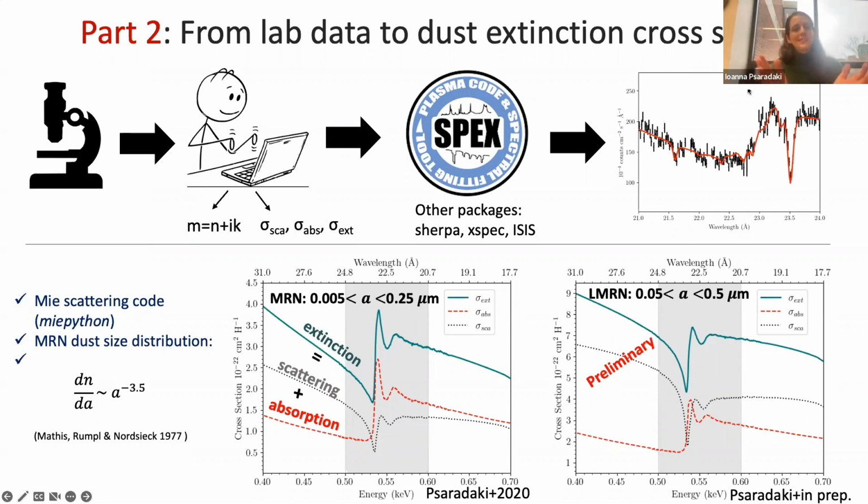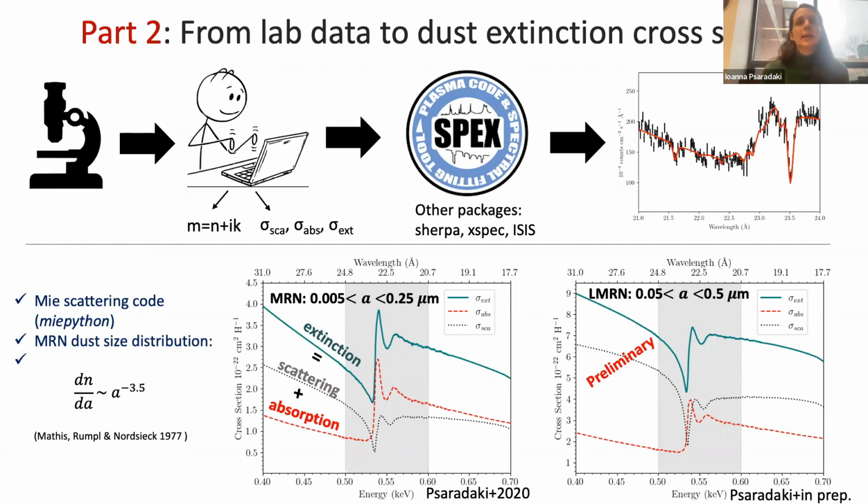You can see an example here, assuming an MRN dust size distribution on the left in the oxygen K edge. And there are also some preliminary results on how the profile of the extinction curve changes when we assume larger grains than the typical MRN dust size distribution.